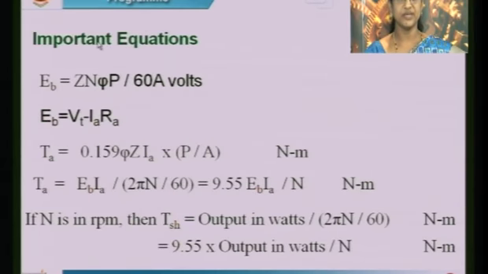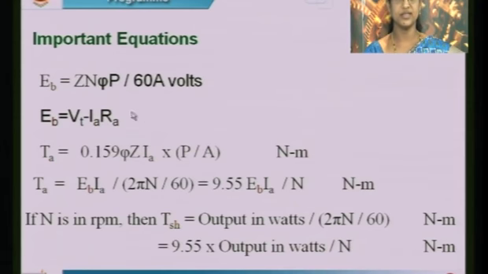Also, we are using the important equations: EB is equal to Z n phi P divided by 60A, EB is equal to V minus IA RA, TA is equal to 0.1595 Z phi IA into P by A, and one more equation for TA, that is 9.55 EB IA divided by N. In this we can see that EB is directly proportional to speed, TA is directly proportional to phi and IA, and TA is inversely proportional to speed.